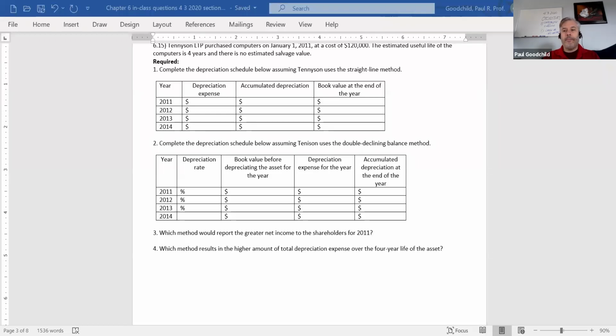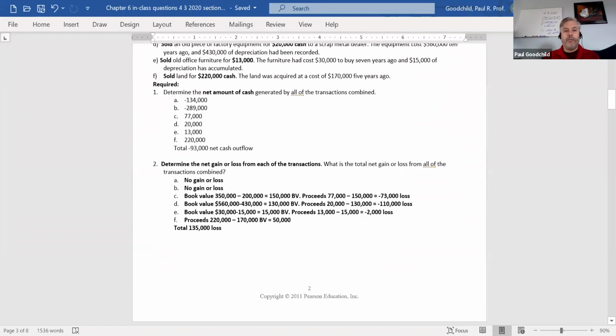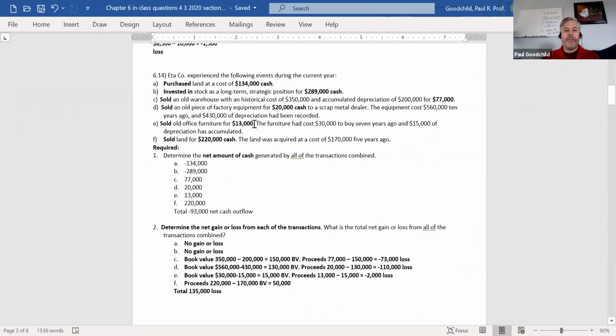The one time I think I made the assumption on the question was they sold the office furniture for $13,000. I made the assumption it was cash, but other than that, everything else pretty much says cash. Oh, well, I actually made the assumption under C as well. One could argue that the question was not perfectly written and that those other two should say cash as well, but I'm going with the assumption there.